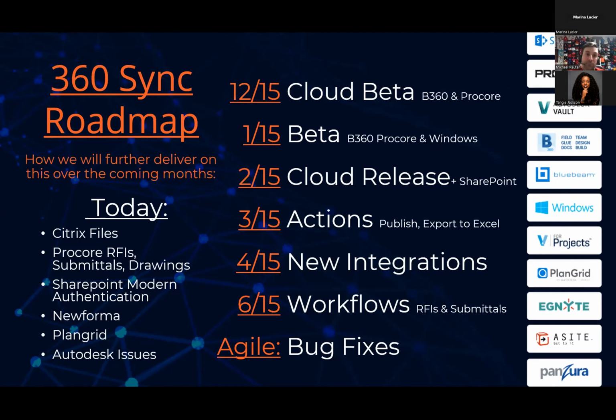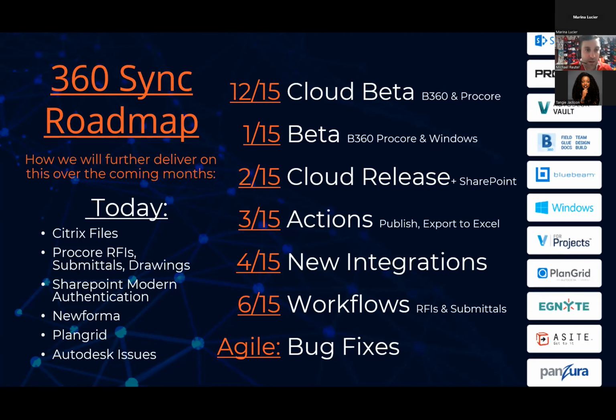Also, all of those users out there that are using 360 Sync on the desktop, I want to take this time to remind you, if you have not already updated to version 3.5, we definitely need you to contact either myself or Tangie so that we can get you set up on the most recent version.